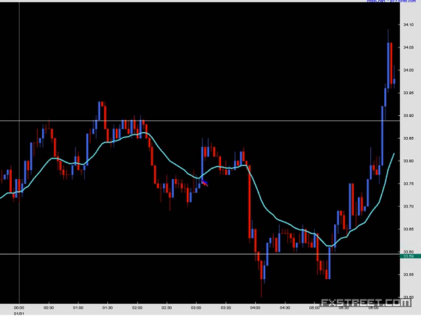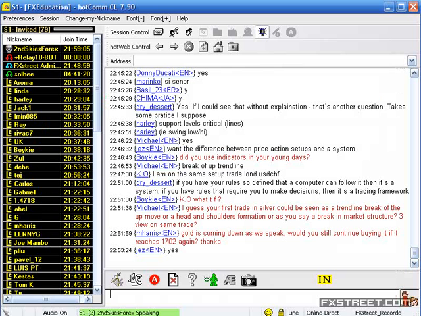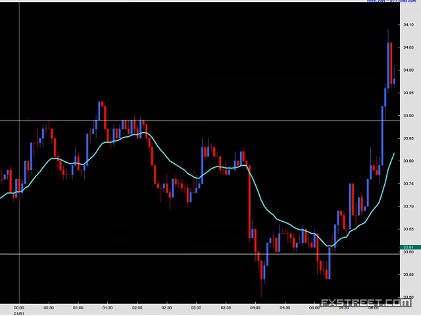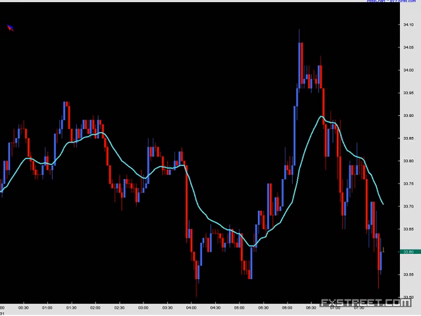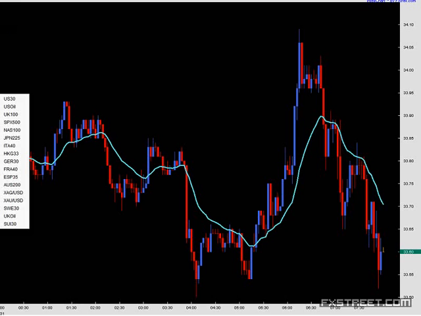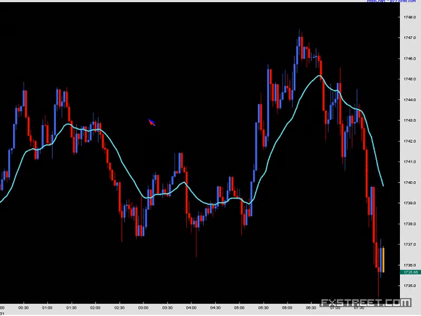M. Harris says, gold is coming down as we speak. Would you still continue buying if it reaches 1702 again? No, because we've developed a very different market structure since then. Oh, I got too many lines there. Give me a second. Wait, I'm looking at silver now, not gold. Let me get to gold. Yeah, no, I have to take in the fact that there's a new market structure here, and then I need to start looking to those levels again.